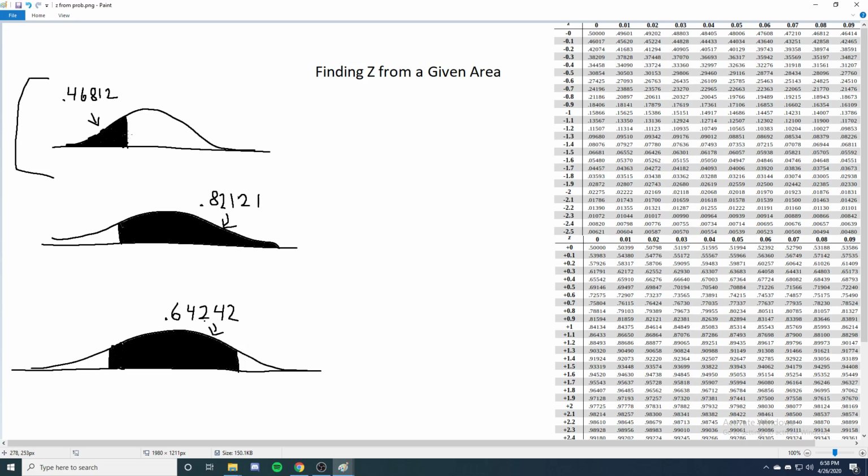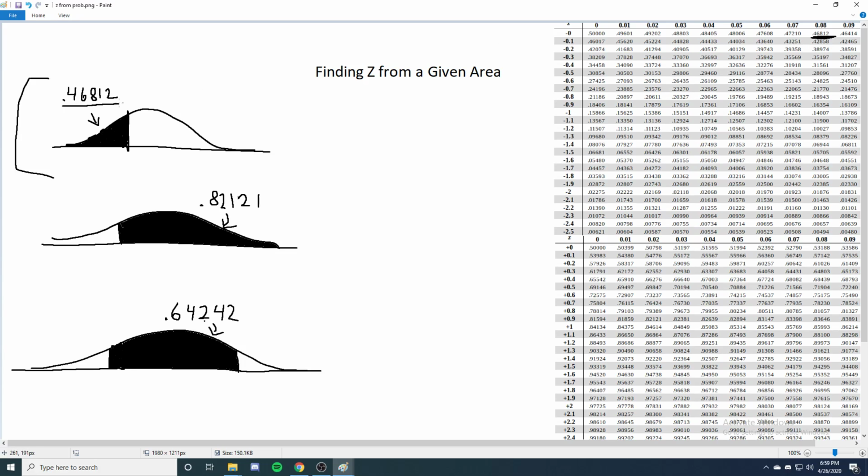We have some shaded area to the left of this z-value that is equal to 0.46812. Since we have an area to the left, that means we can look directly to the tables. So if we have a 0.46812 area, let's find that on the table. 0.46812, right there.